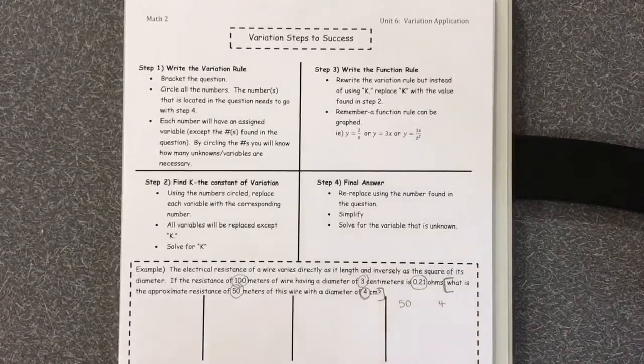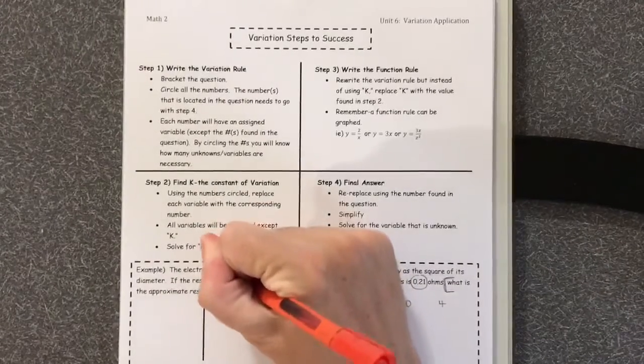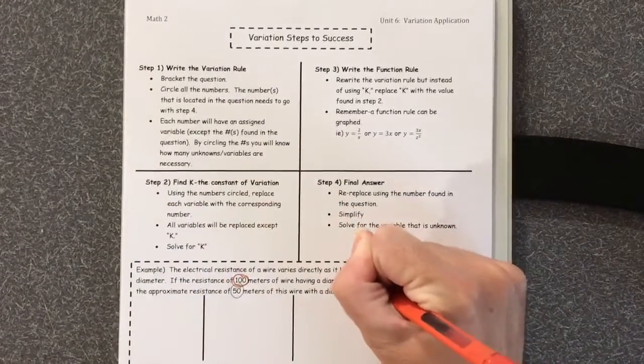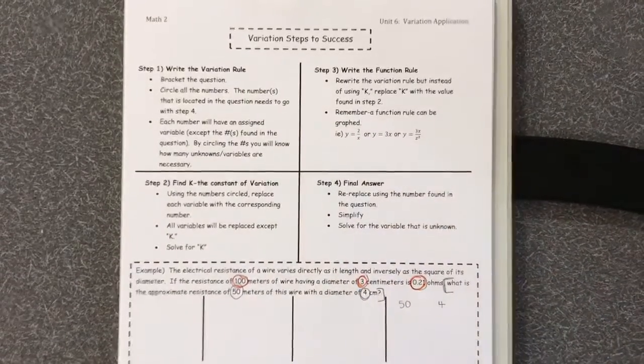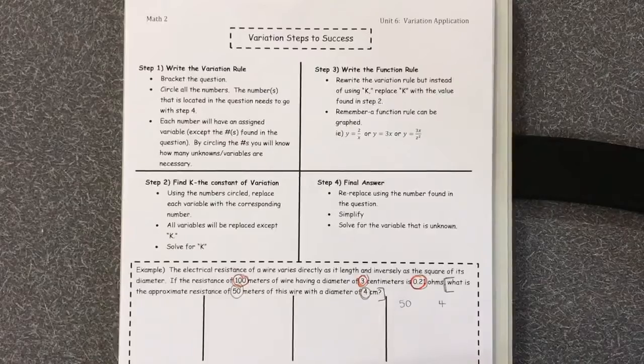I have 3 numbers remaining, which tells me that I'm going to have 3 variables in this problem: 100, 3, and 0.21. Each of these numbers has to have an assigned variable.